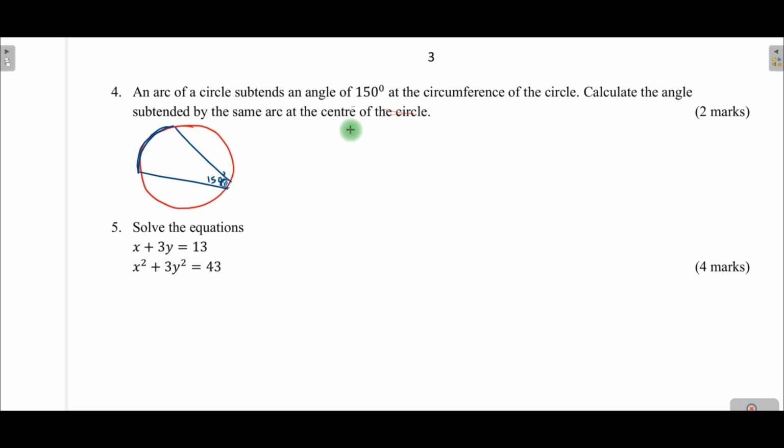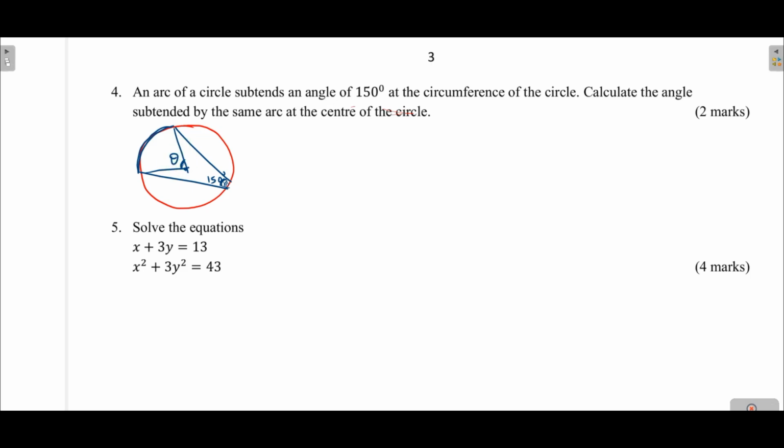So we calculate the angle subtended by the same arc at the center. At the center of the circle, what angle does the arc subtend? This angle at the center.